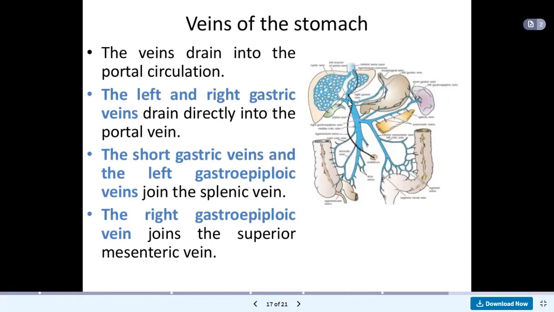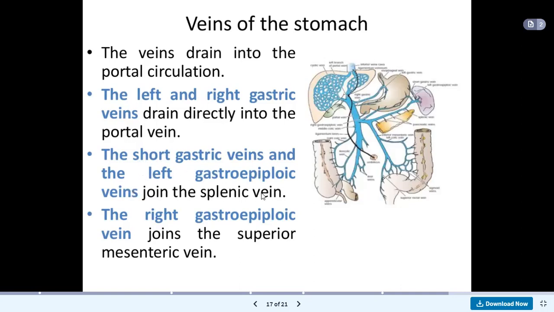Remember, we said in the lecture yesterday that the portal vein receives blood from the gastric veins, the pancreas, and the spleen. So the right and left gastric veins drain into the portal vein. We also have the short gastric veins and the left gastro-omental vein.